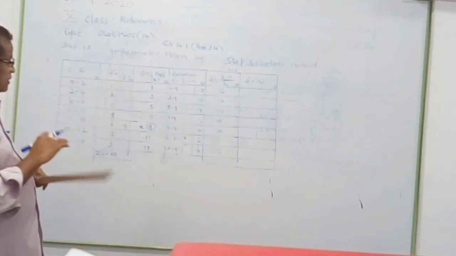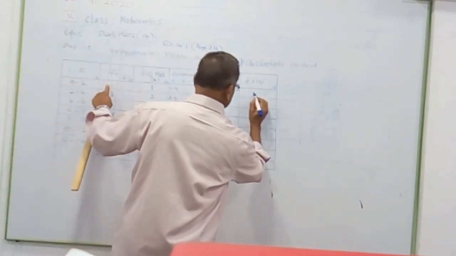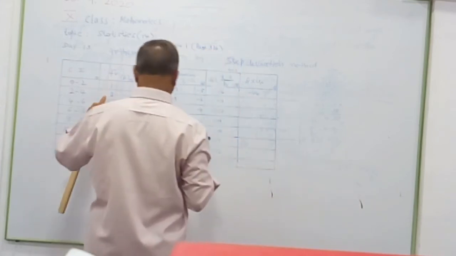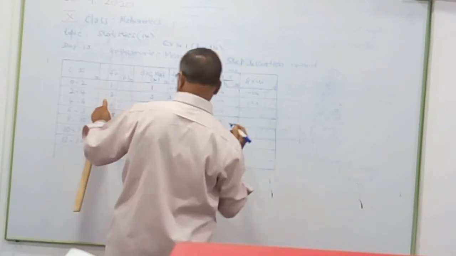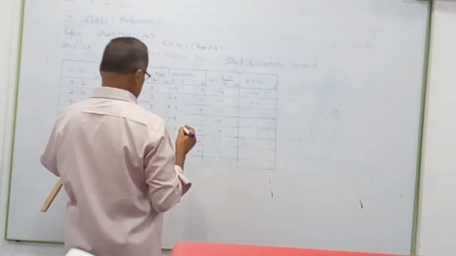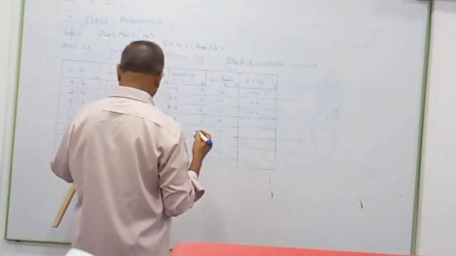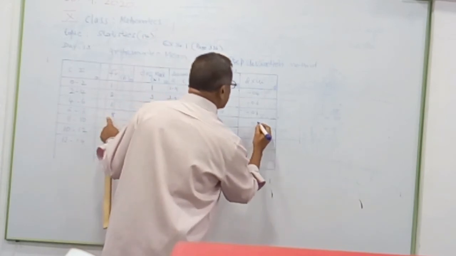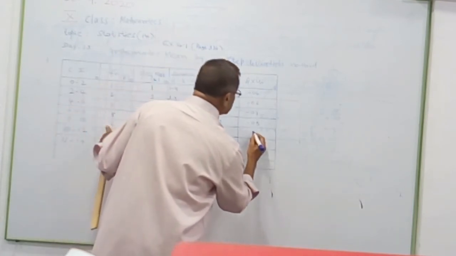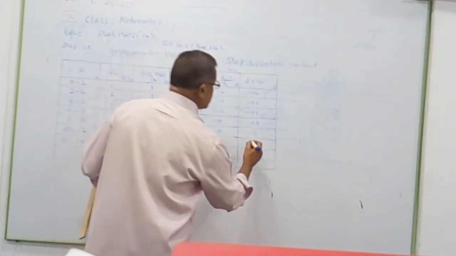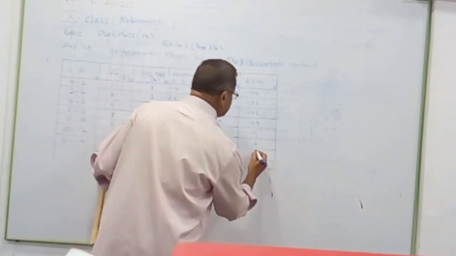Put your fingers and don't confuse. 1 into 4, minus 4. 2 into 3, 6 minus. 1 into 2, minus 2. 5 into minus 1, minus 5. And 6 into 0, 0. 2 into 1, 2. 3 into 2, 6, like this.